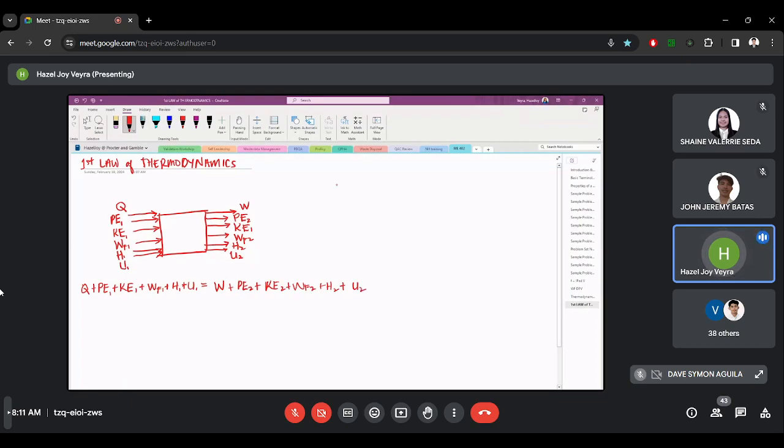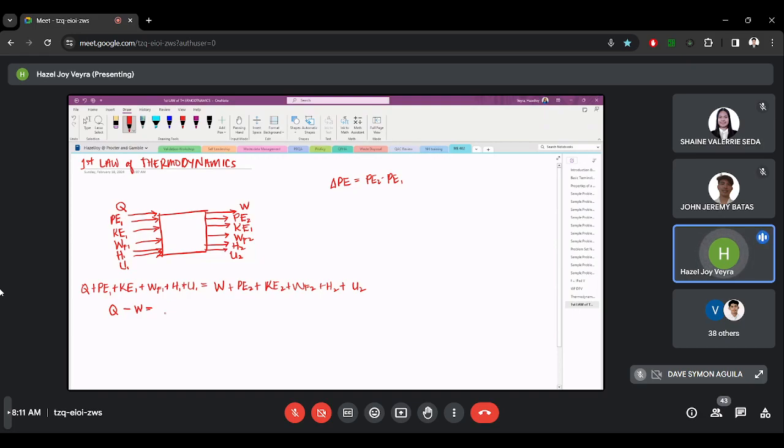So, di ba, yung mga change in potential energy natin is just equal to PE2 minus PE1. So, same goes for the other forms of energy. So, we can rewrite this as Q minus W. Transpose lang natin yung work from the right side of the equation to the left side of the equation.